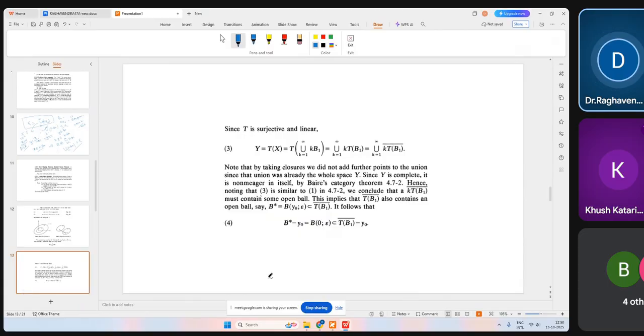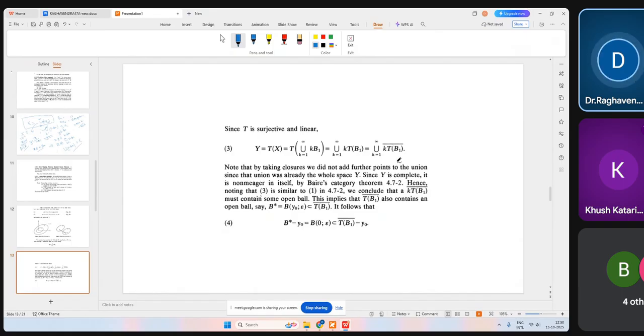So you have Y to be a countable union of K times the closure of T B1. Now taking the closure and so on, since Y is complete, it has to be a thick set. It cannot be a meager set.